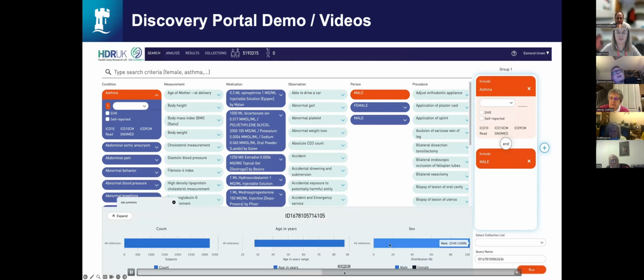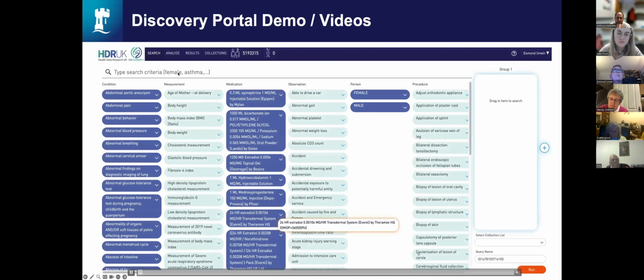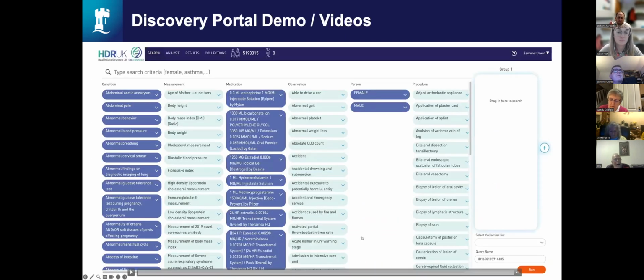If I just jump ahead, it will return values, so counts. So we've got about 3,200 counts of personal records, a range of ages, and as you can see here, it's just for males. So it's a very useful system.